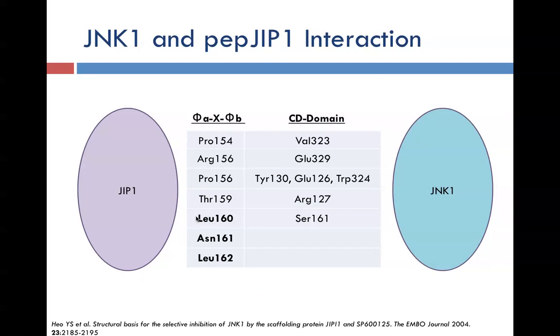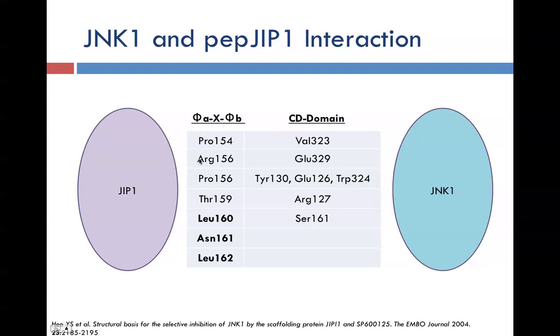This is a quick slide showing the interaction between JNK1 and PEP-JIP1, which is just a peptide fragment of JIP1. As I was saying, D motifs bind to CD domains. So here we have a D motif.